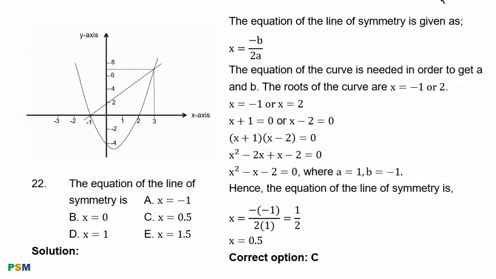Question 22. The equation of the line of symmetry is? Solution. The equation of the line of symmetry is given as s equal to minus b over 2a. The equation of the curve is needed in order to get a and b. The roots of the curve are s equal to minus 1 or 2.